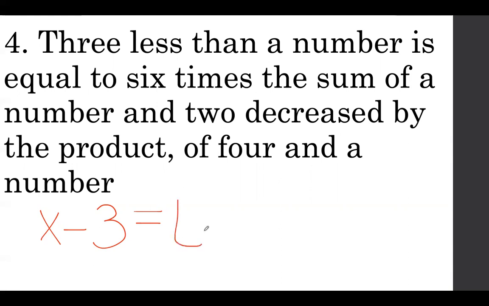So 6 times the sum, so we're going to use parentheses, the sum of a number and 2, so the number and 2, because we were adding, decreased, so we've talked about increase, so decrease would be subtraction, by the product being multiplying, of 4 and a number, so subtracting 4x.